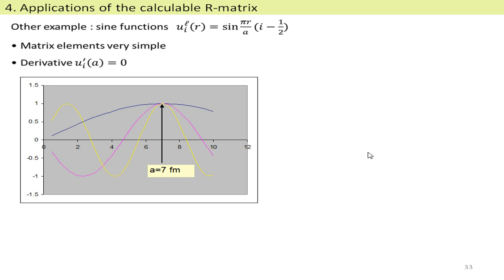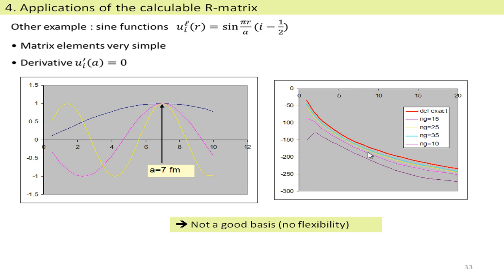And then if you use that, you end up with these curves for the phase shift. The red curve is the exact phase shift, and as you can see, this is 10, 15, 25, 35. You have to use a very large number, and in fact you never get the exact solution. This is just because this is not a good basis. It's not flexible enough.